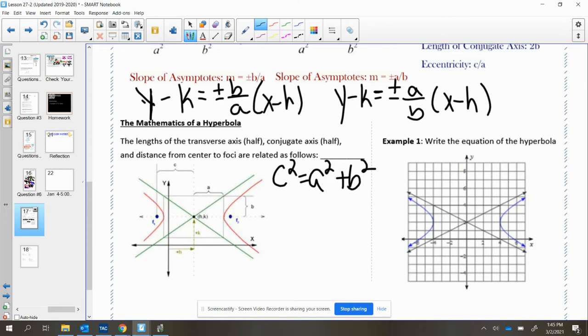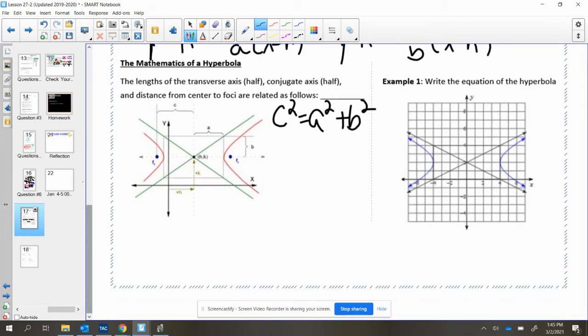So our first example here has a picture, and we want to write the equation. So reminder, we're still dealing with a center point that this is all kind of hinging off of. And that's our h comma k value. And that's in this photo located at 0, 2. And since we're opening horizontally here, we're going to want to make sure that our x value is the one that is squared.